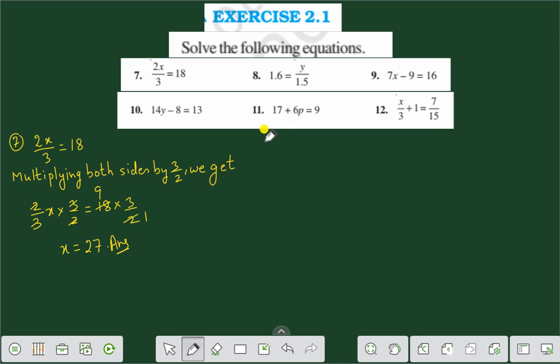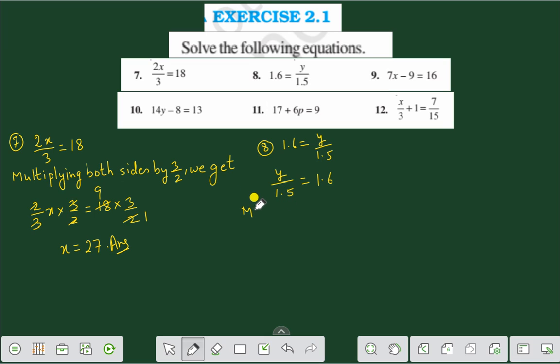Question number 8 here you see is 1.6 is equal to y by 1.5, or it can be written as y by 1.5 is equal to 1.6.